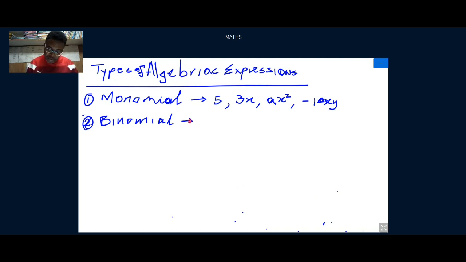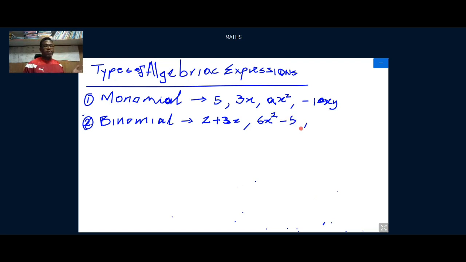So a binomial, you may have something like 2 plus 3x, or you may have 6x squared minus 5.